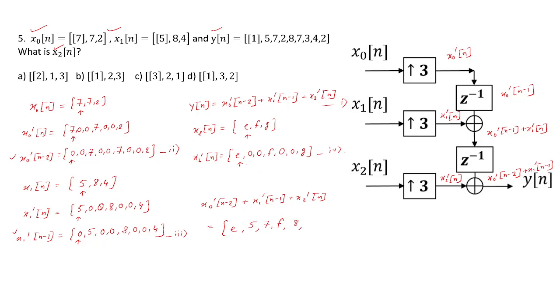The fifth index is going to contribute 0, 7 and 0. The sixth index is going to contribute 0, 0, G.